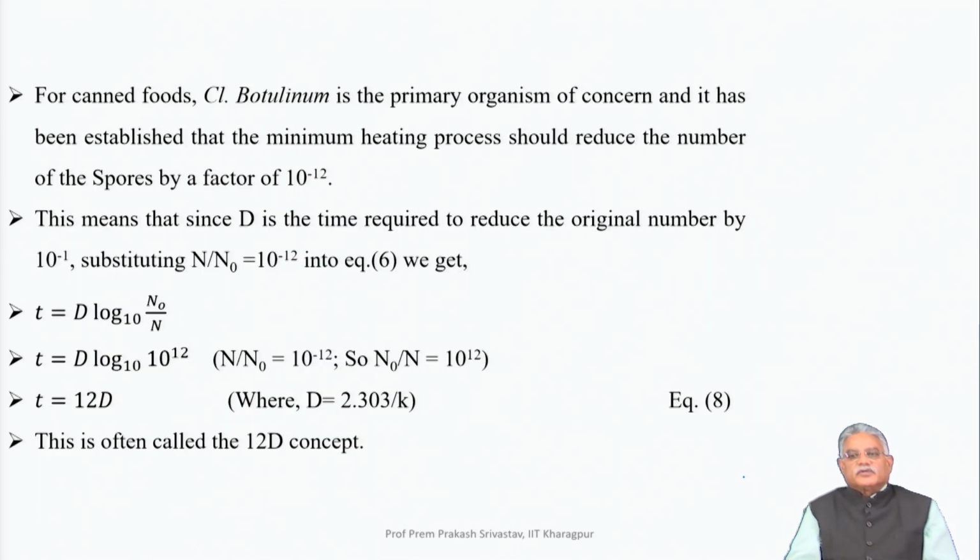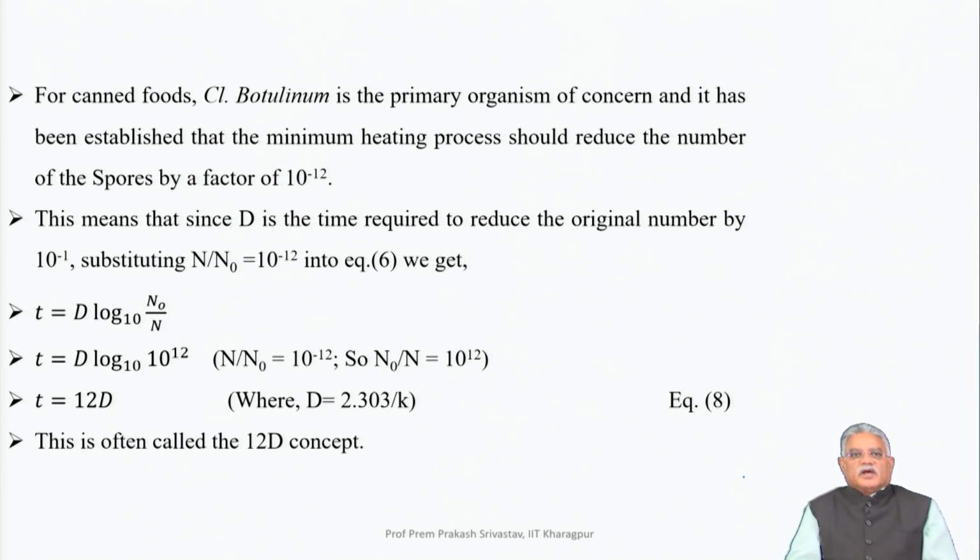For canned foods, Clostridium botulinum is the primary organism of concern, and it has been established that the minimum heating process should reduce the number of the spores by a factor of 10 to the power minus 12.